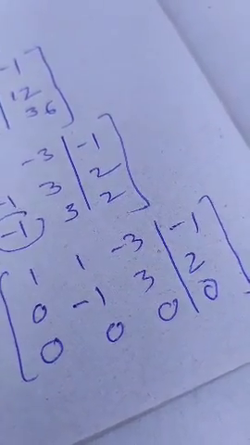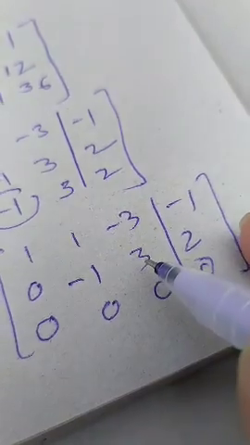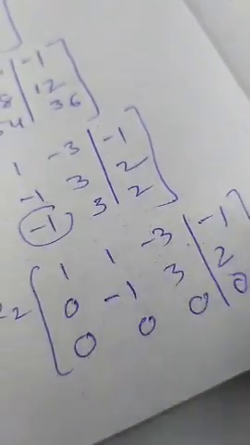Now this augmented matrix is converted into row echelon form. Now I am finding the rank of A. What is the rank of A? 1, 2. 2 non-zero rows, so rank is 2. Augmented matrix rank is also 2. So rank of AB is equal to 2.